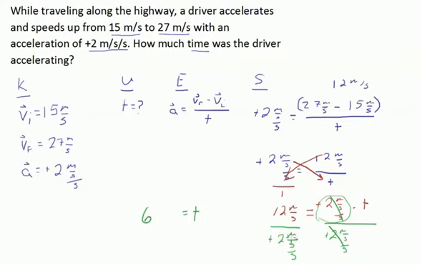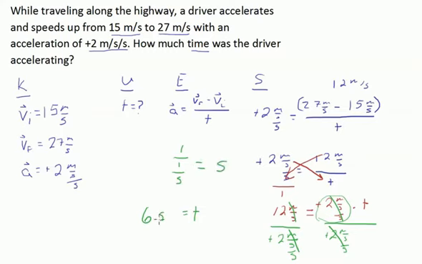Now we've got meters per second divided by meters per second squared. So those meters per seconds will cancel out, and that leaves us with, I'll write it up over here for you, 1 over seconds, and that equals seconds.